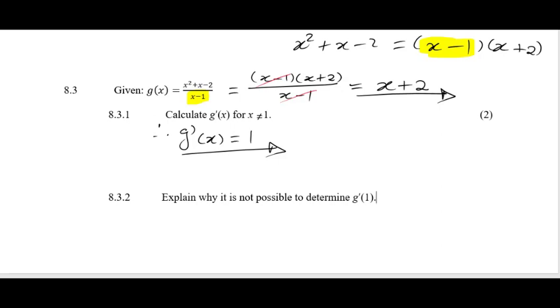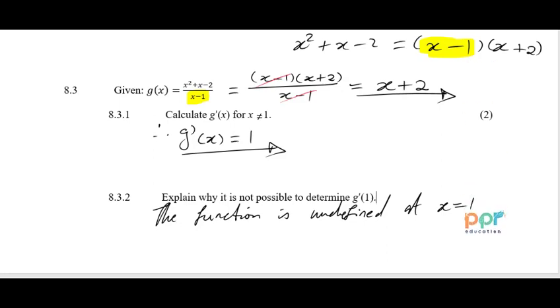if x is equal to 1? Because firstly the function is undefined if x is equal to 1. That's the reason. So the first reason is that the function is undefined at x equals 1, or the division by 0: anything that is divided by 0 gives undefined.